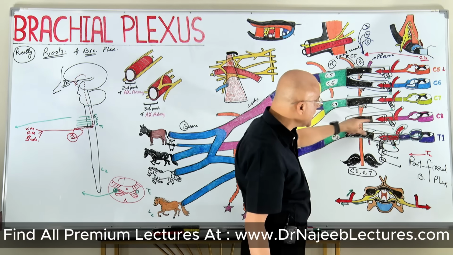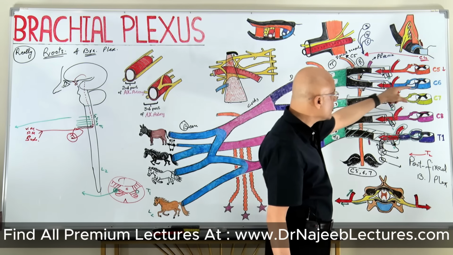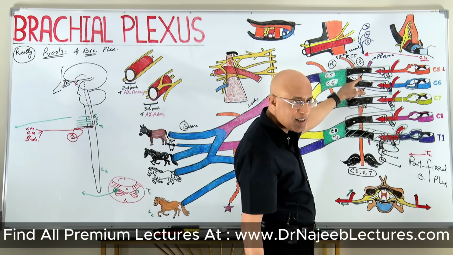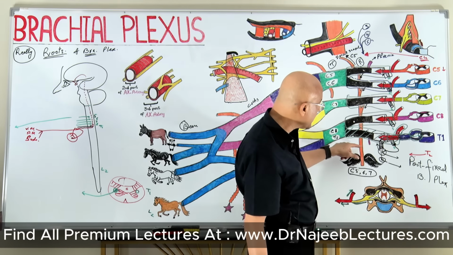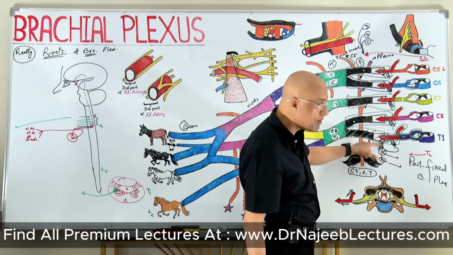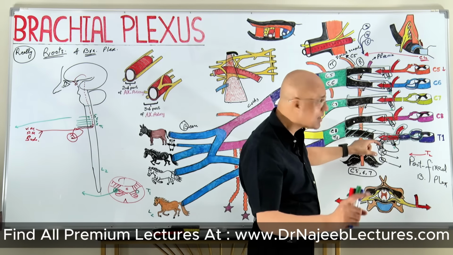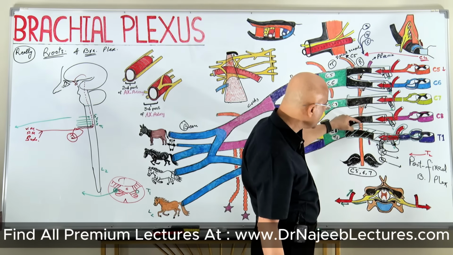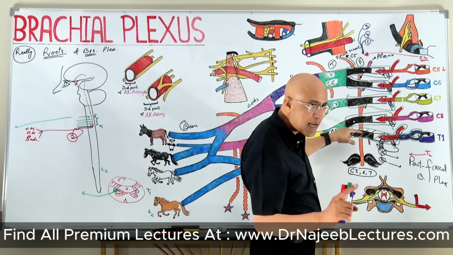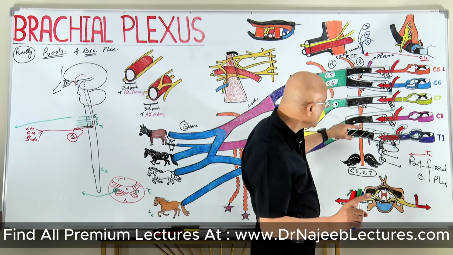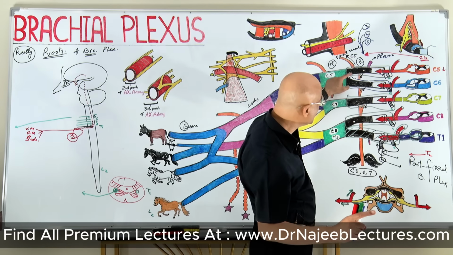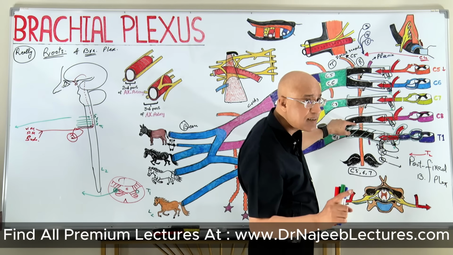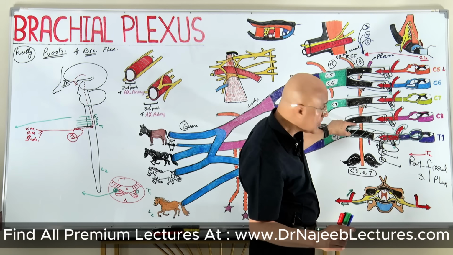They don't bring from here what? Sympathetic outflow. So they don't have white rami. So out of all these, white rami is present only on T1. This is an exception. C5, C6, C7, C8 do not have white rami communicants, right?